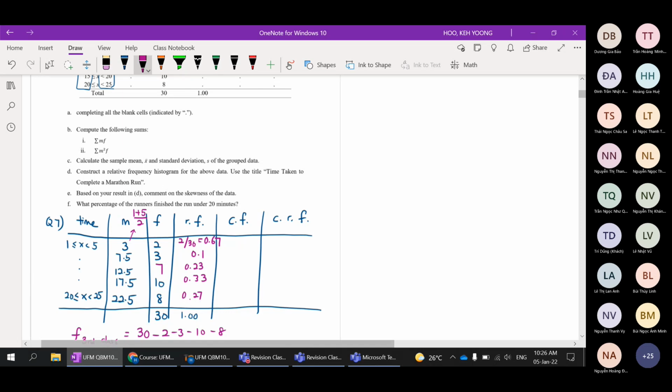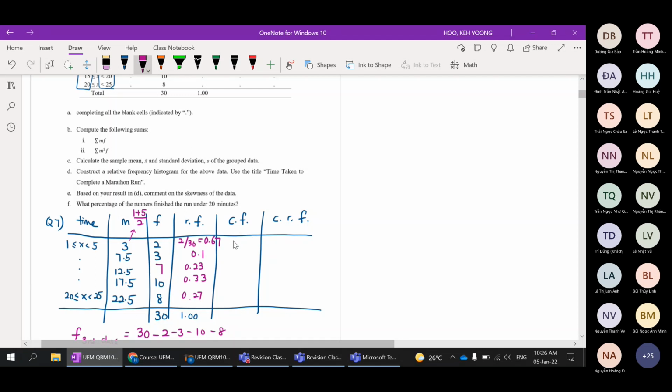Next is the cumulative frequency. You add up the frequency from the first class, you accumulate.